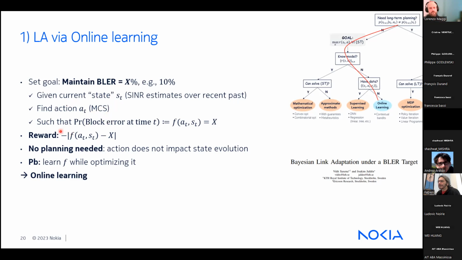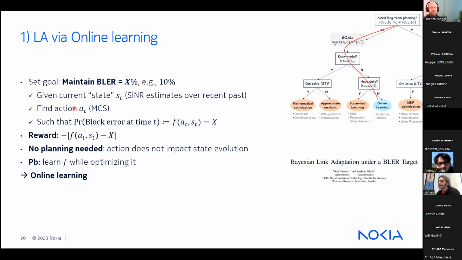Basically, the reward can be written as something like this. So you want to maximize it. So you want the reward to be equal to 0, which is where your probability of block error is exactly X%. Of course, you don't know the shape of the rewards, so you have to learn it.